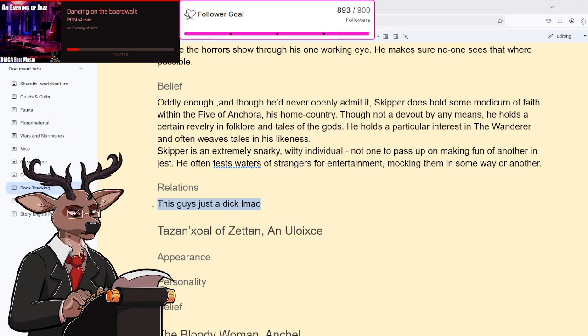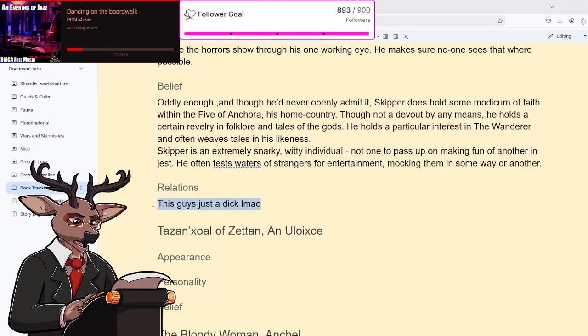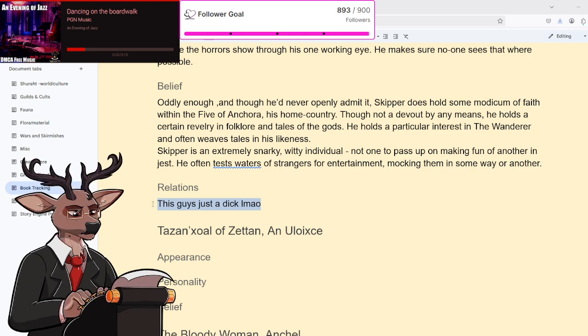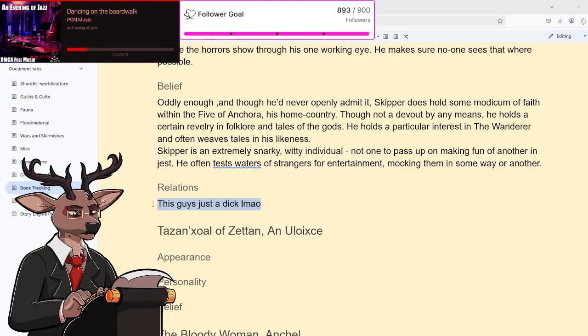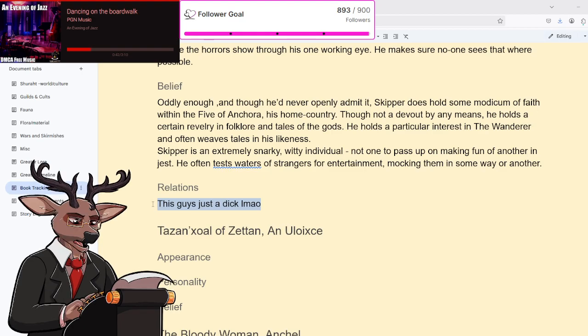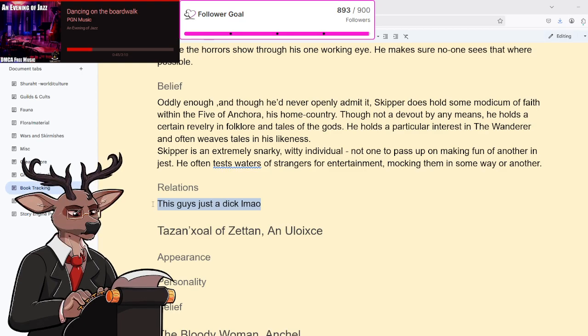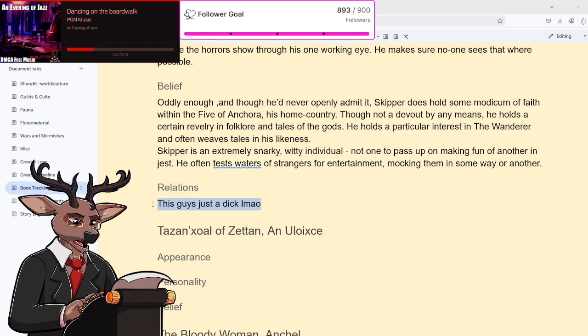Honestly, very unhelpfully, in the initial document that I wrote for Skipper, under family, I just put a question mark. And I believe, as far as I'm aware, this is the only bit of written Skipper lore I have.